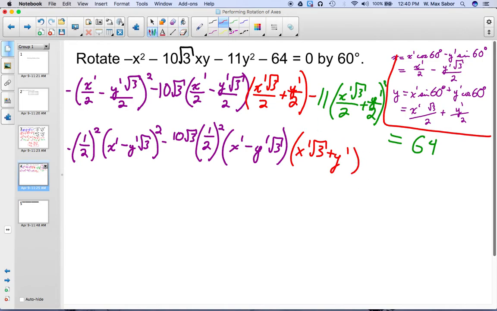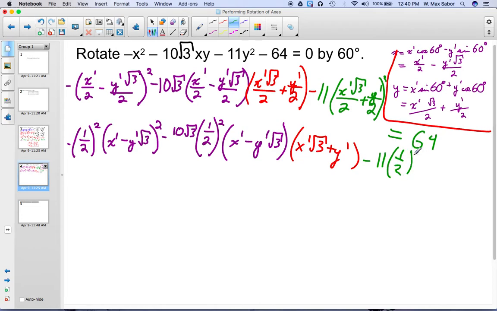And then minus 11 times 1/2 squared, x prime square root of 3 plus y prime squared equals 64. If we get rid of those 1/2 squareds, that'll be by multiplying the whole thing by 4. So I'm going to multiply everything by 4, and that will cancel out all the 1/2 squareds.